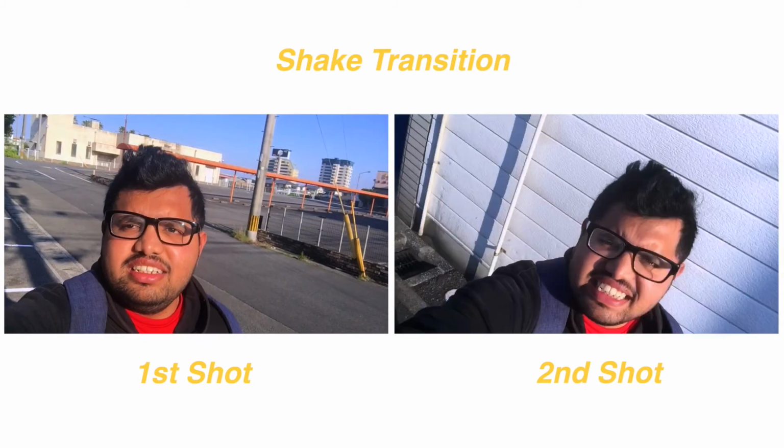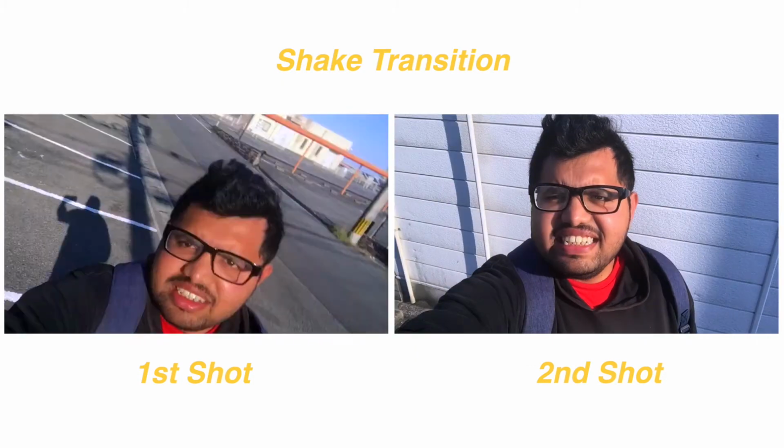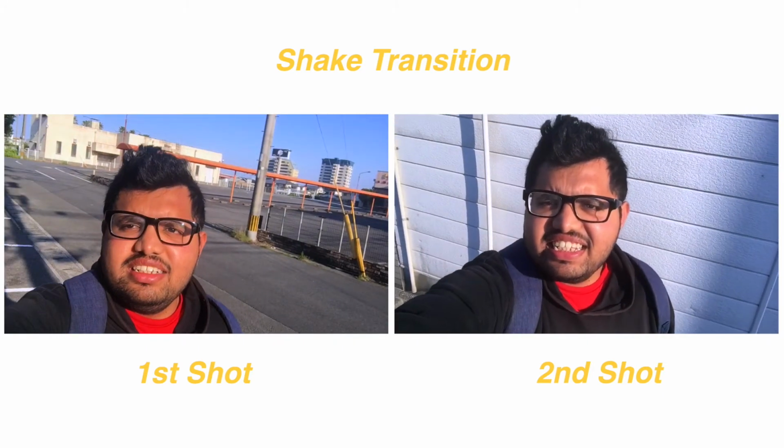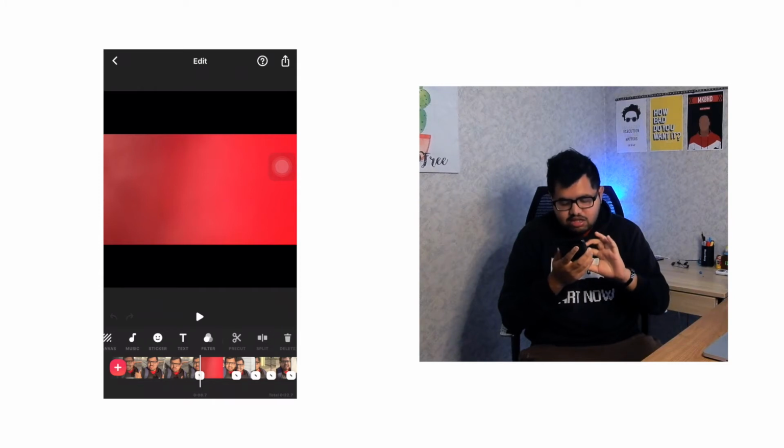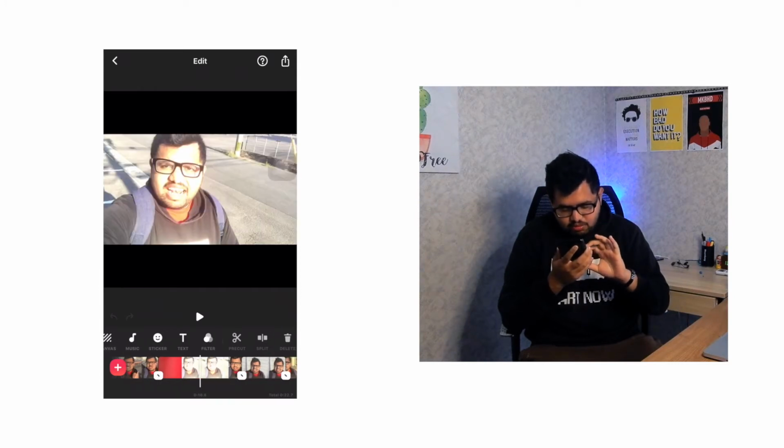Number 2 is the shake or the earthquake, as some people call it. So in this case, you end the first shot by shaking your camera, and for the second shot, you begin by shaking your camera. And the tricky part is arranging both the shakes. So find the point where your shots are blurry.